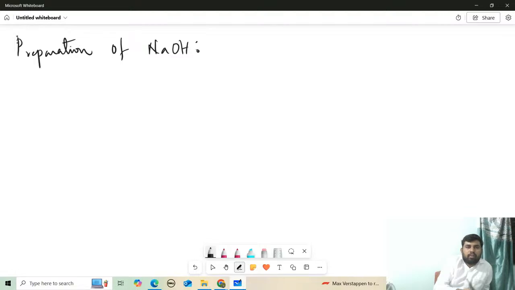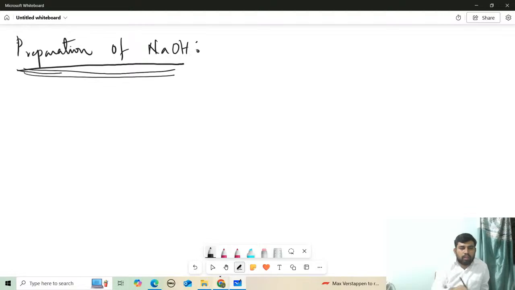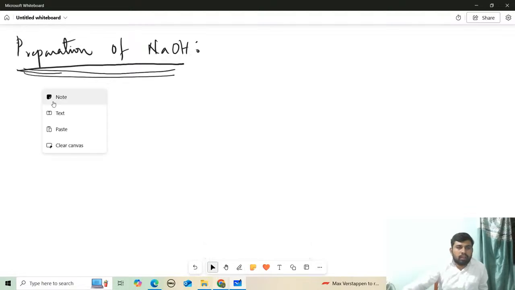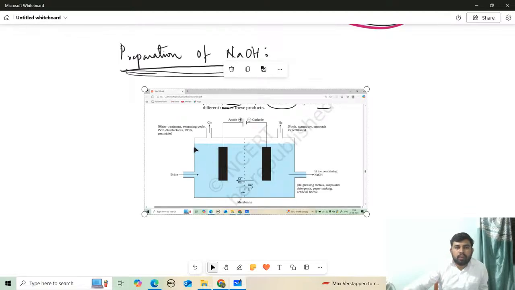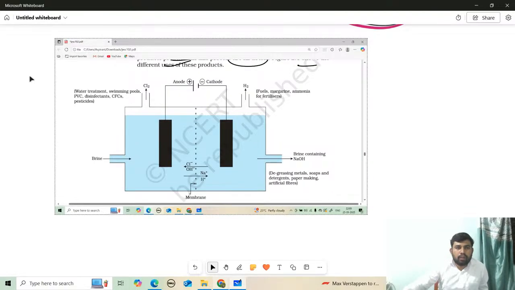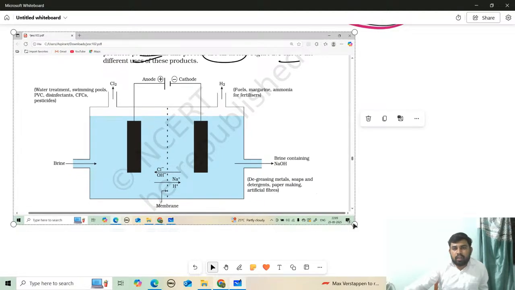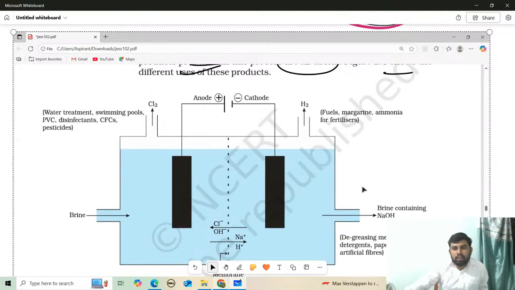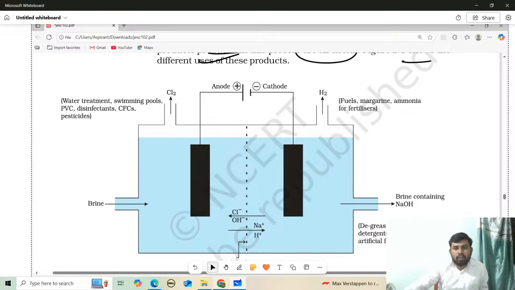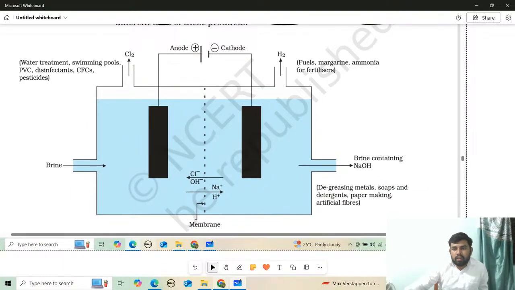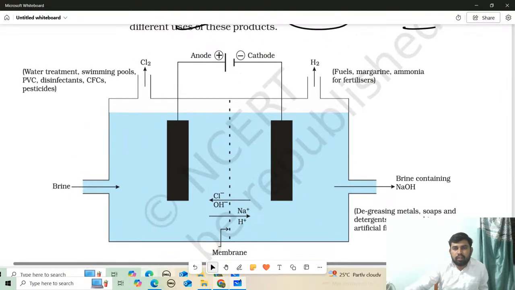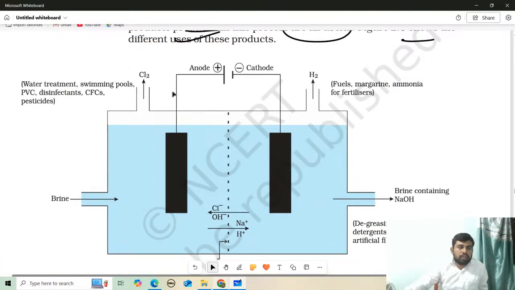How is it going to be prepared? Try to understand here. Okay, we discuss this one. So see the diagram. We discuss what is there in the diagram. You try to understand it.